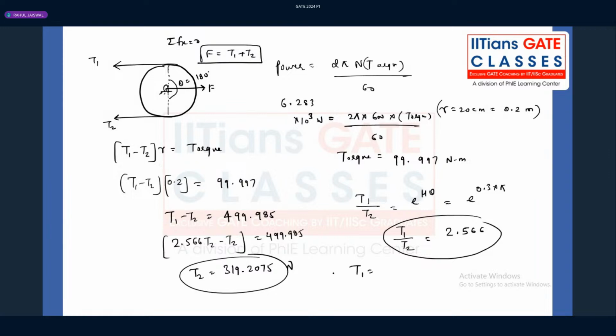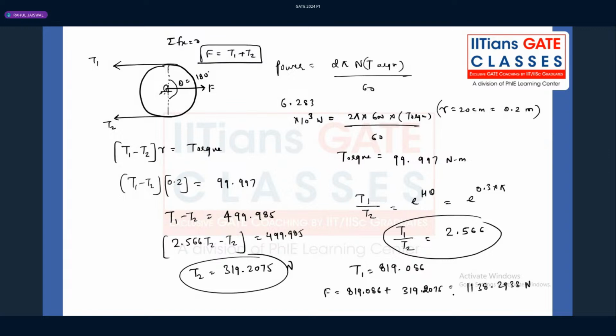What is the T1 value? T1 will be 2.566 times that, which is nothing but 819.086. If you add T1 plus T2, which is 819.086 plus 319.2075, you are going to get 1138.2938 Newton.